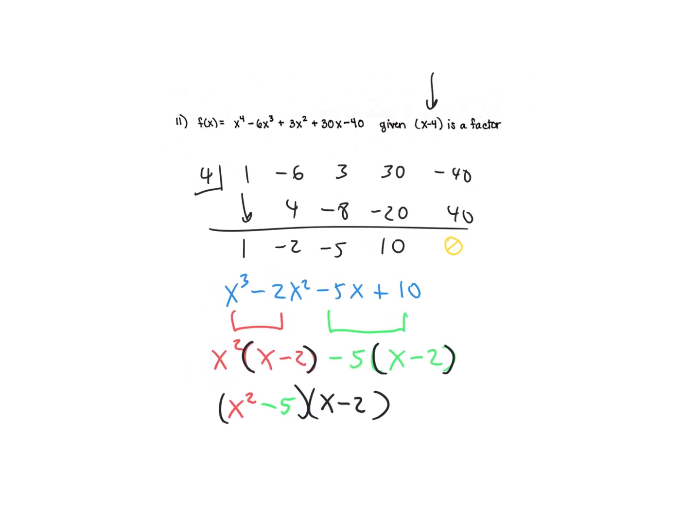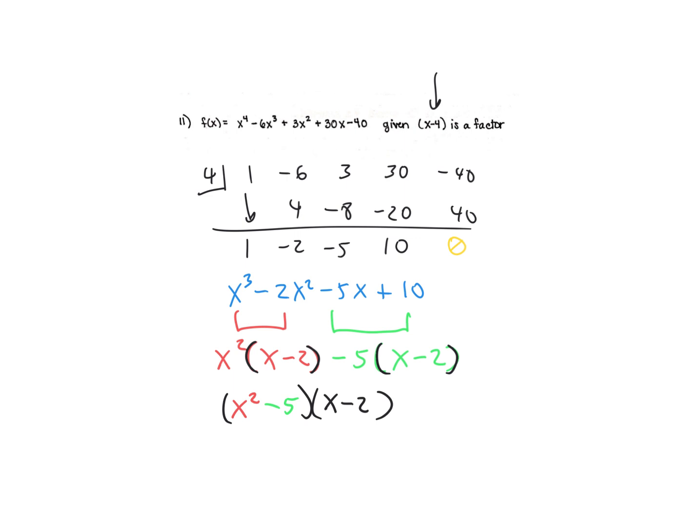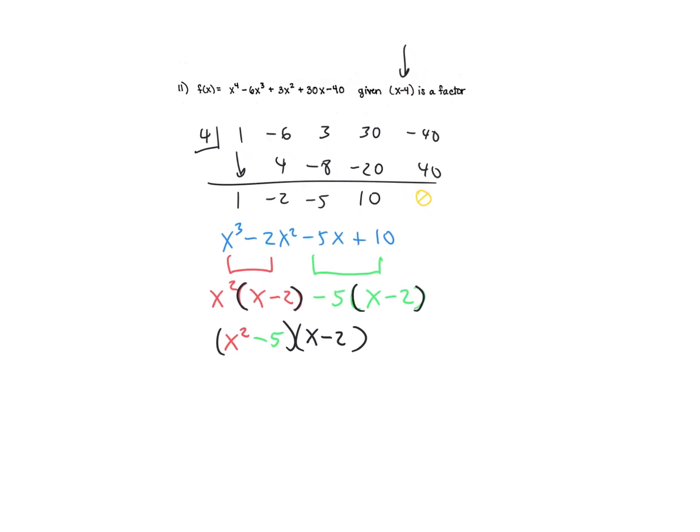And let's not forget that ultimately that's still a factor. So when we consider the ultimate factorization, this whole thing equals this as a factor, because they told us it's a factor, times the thing that we just found.